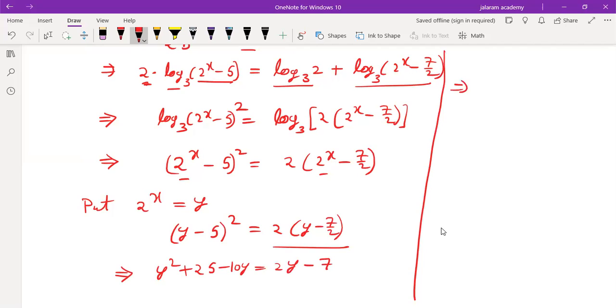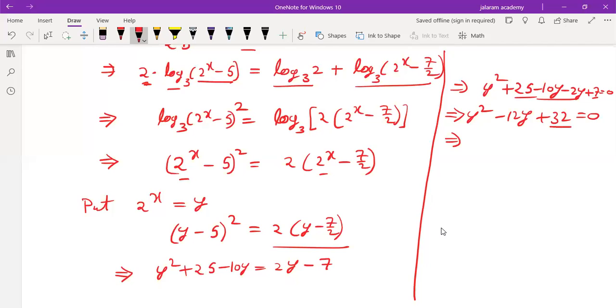It implies y square plus 25 minus 10y minus 2y plus 7 equals 0. It implies y square minus 12y plus 32 equals 0.